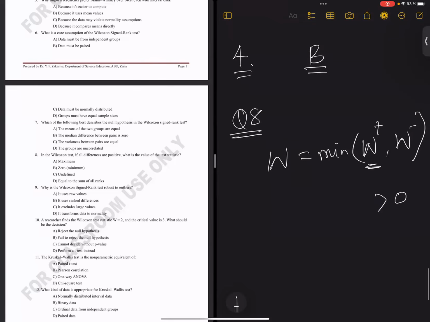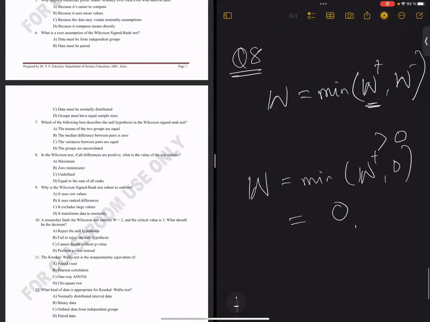So the minimum you can get, W, must be the minimum of W plus and 0, which is always 0. So the Wilcoxon statistic will be 0 if all differences are positive. So the right answer there is option B. Do you get this?